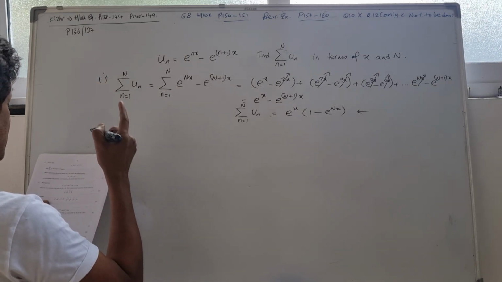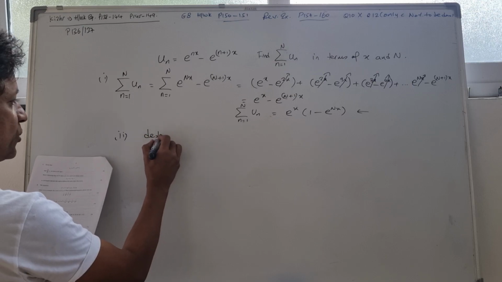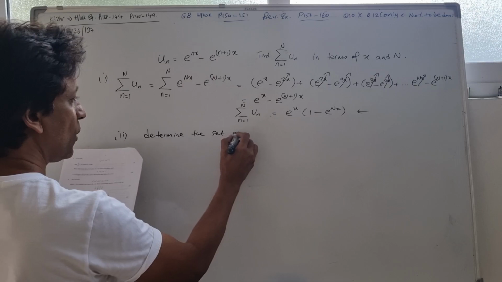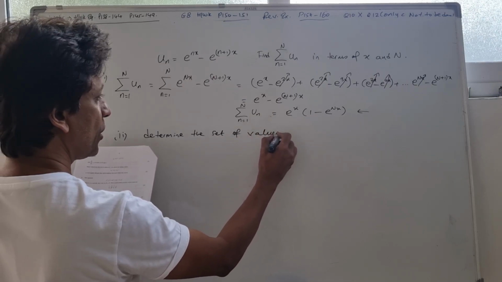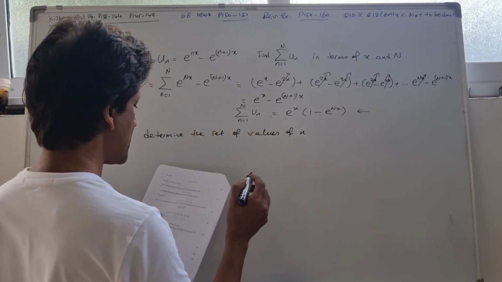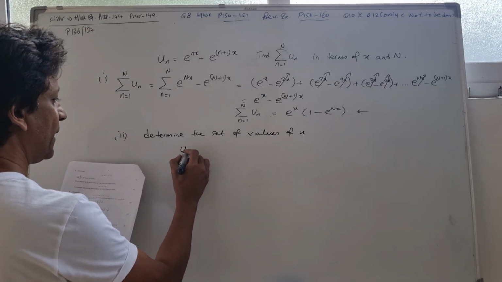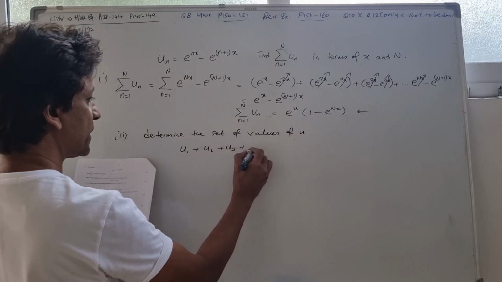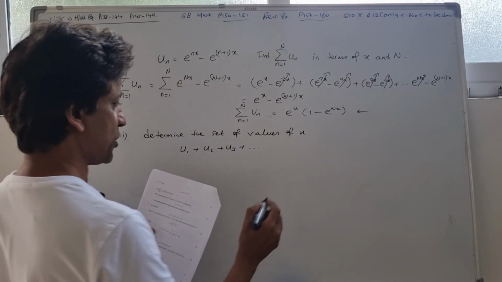So we need to determine the set of values of x for which the infinite series u1 plus u2 plus u3 and so on is convergent.